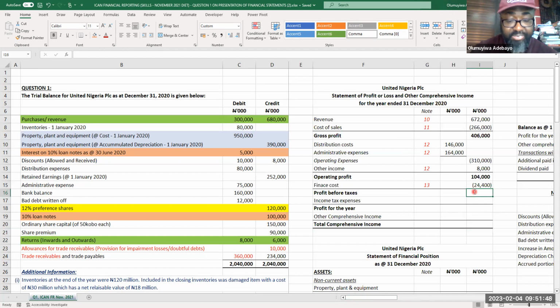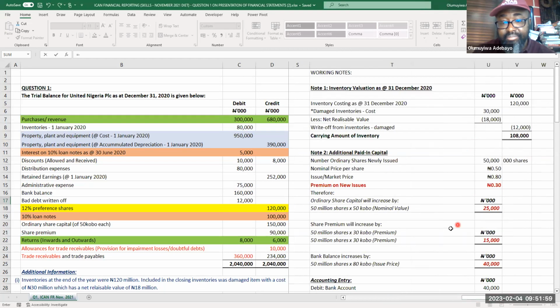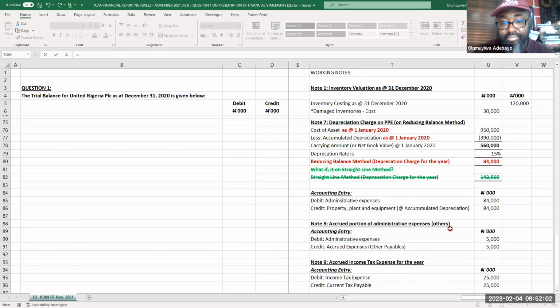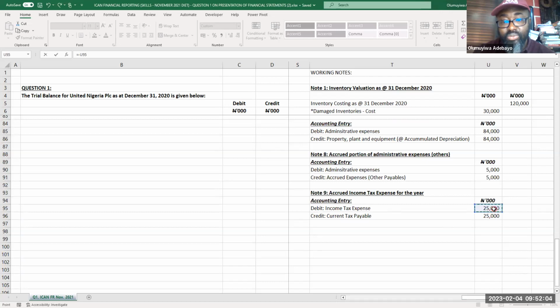Now, what is my profit before taxes? Now, my income tax, if you go back, that was note 9. Note 9.